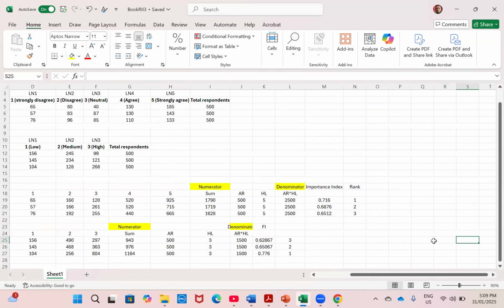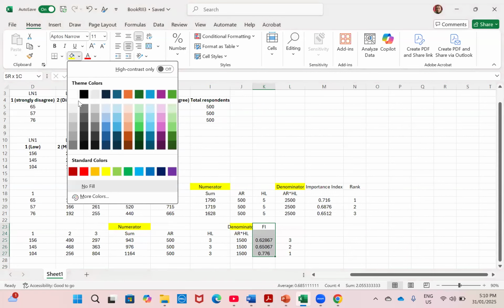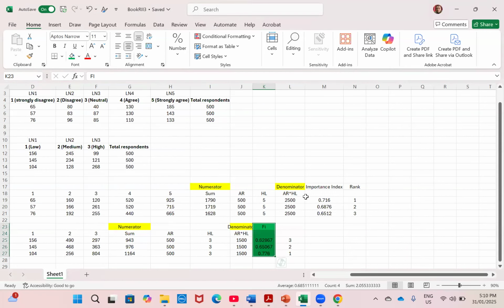Good. So the good thing is that we have the Fi, make it green. And then we have the importance index.